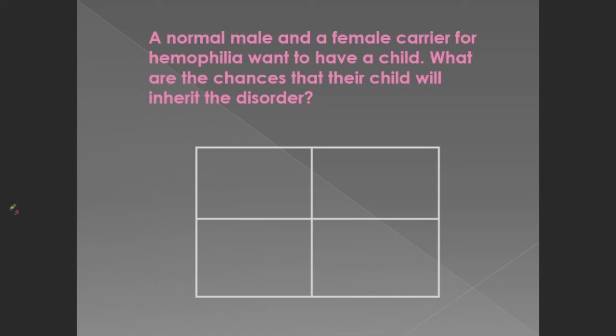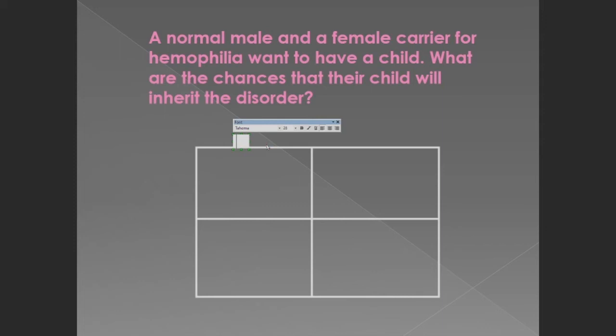So we are going to use the X and the Y in addition to another letter. And for this letter, I'm just going to use H for hemophilia. Once again, you can pick any letter. I recommend if you are handwriting these to pick a letter that's significantly different between the uppercase and lowercase.